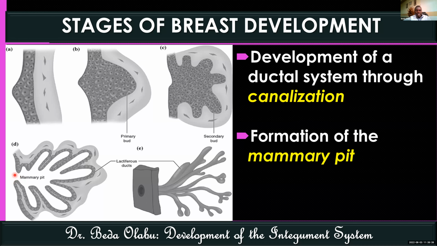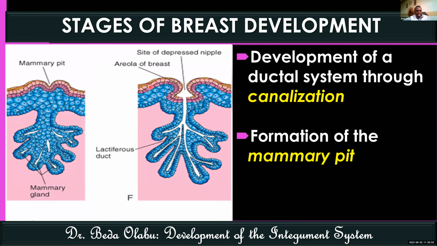The depression at the point of the breast placode is what we call the mammary pit. So we have formation of the mammary pit, and that is captured here. Look at that one. That's the mammary pit, which is also captured here.